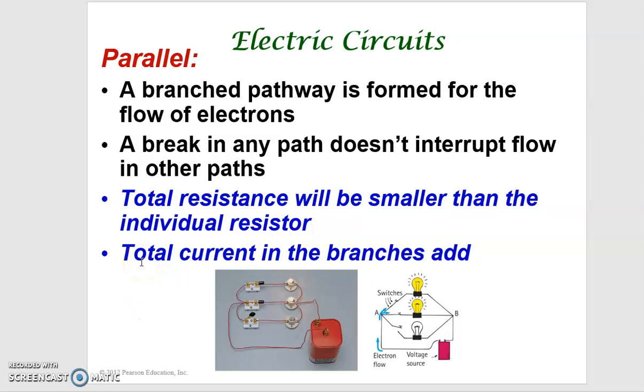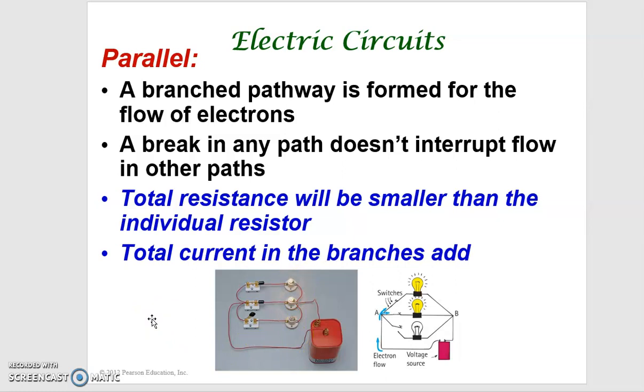If you calculate the total current, it is simply the current passing through each branch, and you just sum them together. And finally, the voltage across each resistor is the same for every one. So you can see it is very different in terms of the physics.